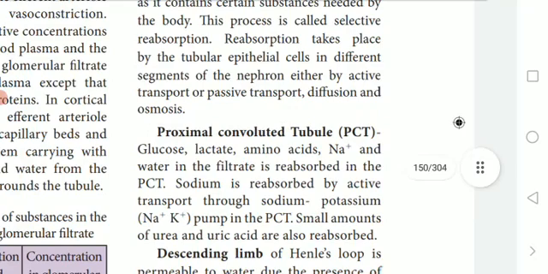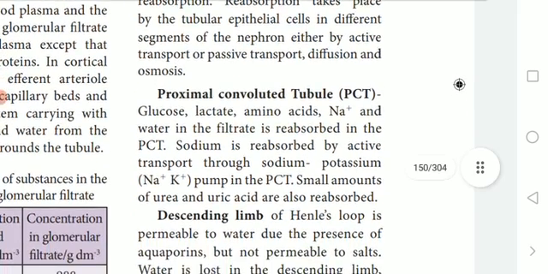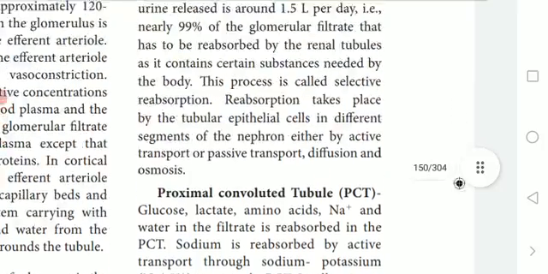Tubular reabsorption involves the movement of filtrate back into the circulation. As I told you, the elements which are necessary to our body are taken back and given to the circulation of blood.